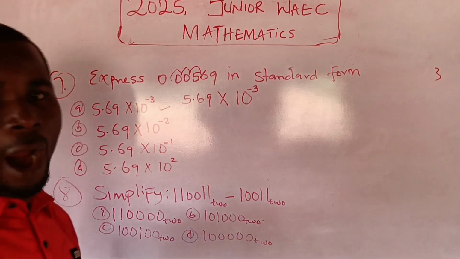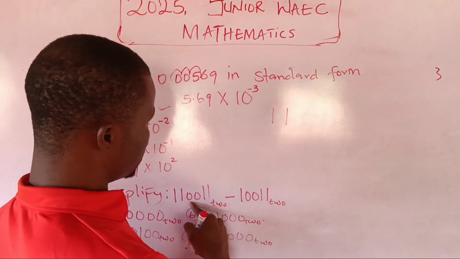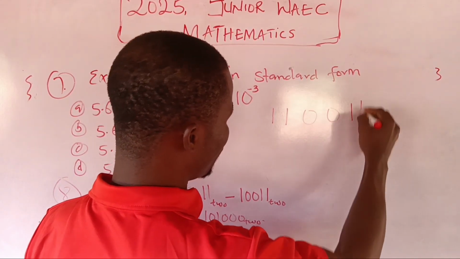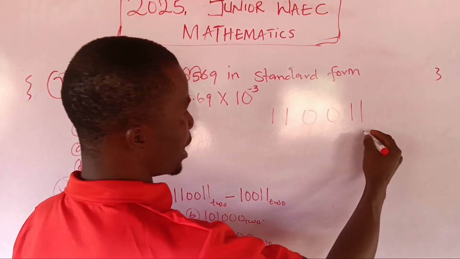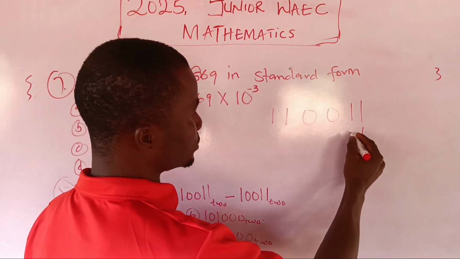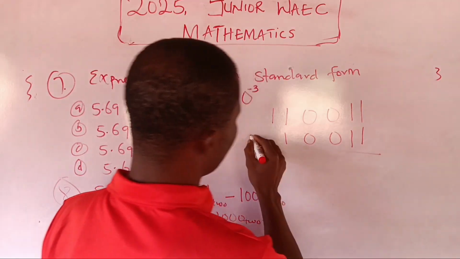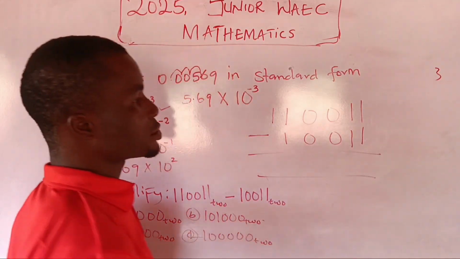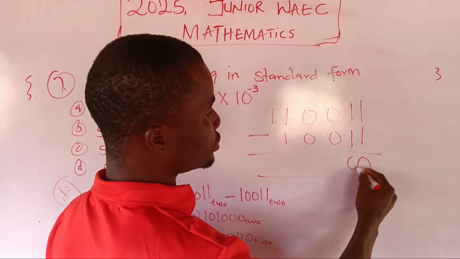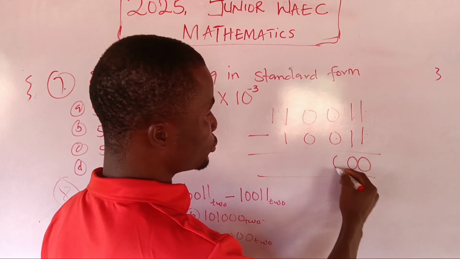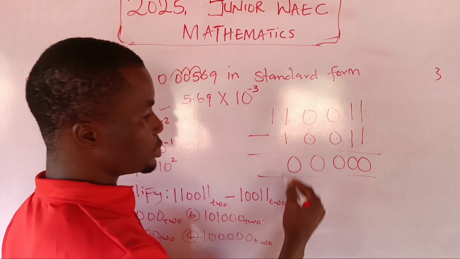So let's see how to solve this. 110011 minus 10011. We start from the right side and count it down. 1 minus 1 will give us 0. 1 minus 1 gives 0. 0 minus 0 is 0. 0 minus 0 is 0. 1 minus 1 is 0.